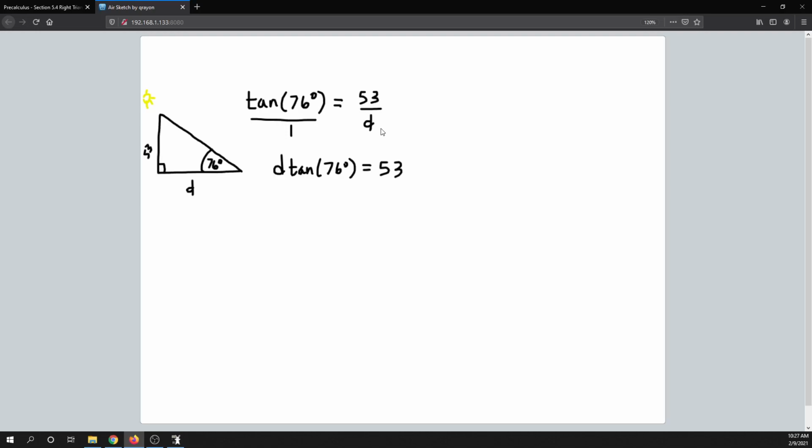And then divide both sides by tan 76. And these tan 76s would cancel each other out. And so I'd get 53 over tan 76.